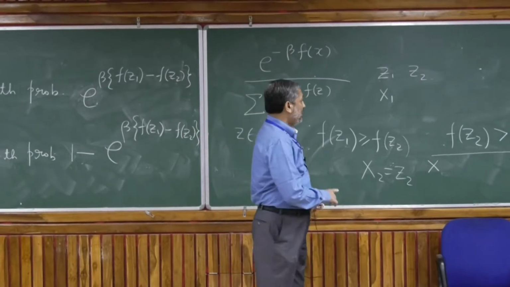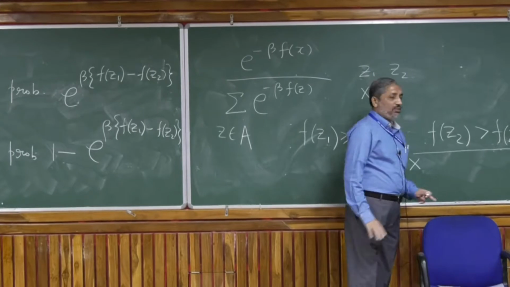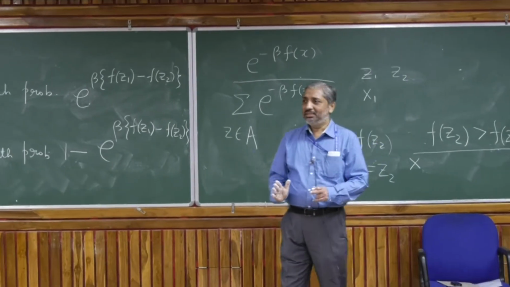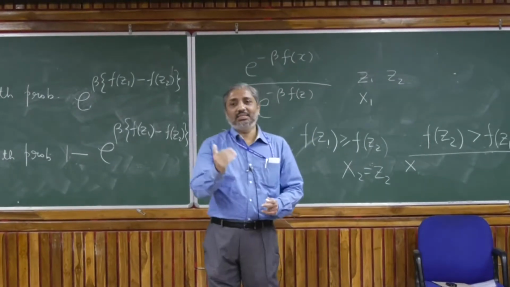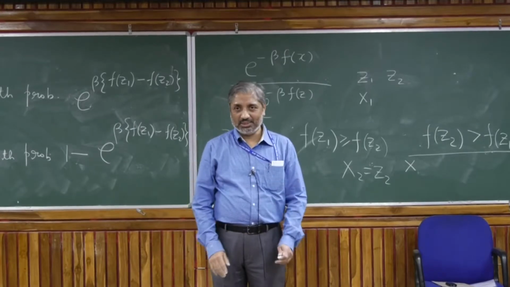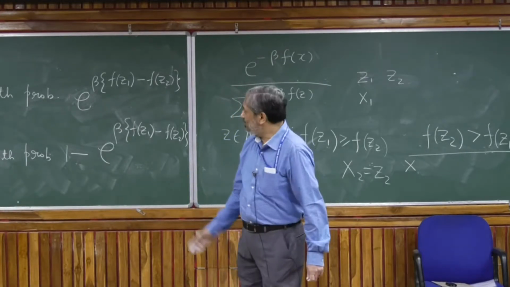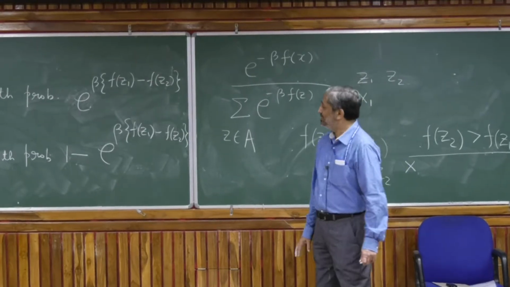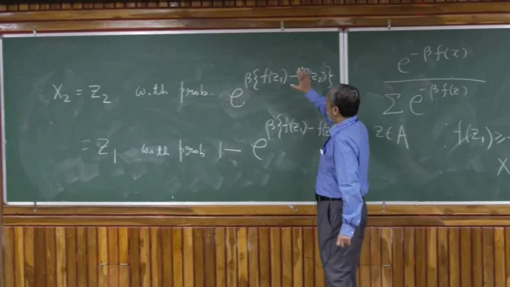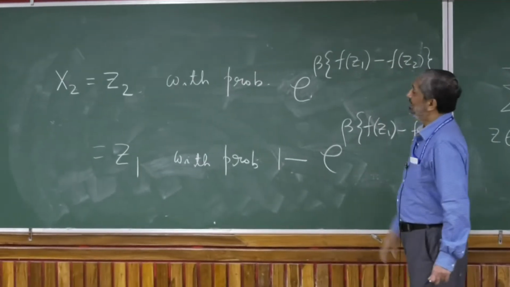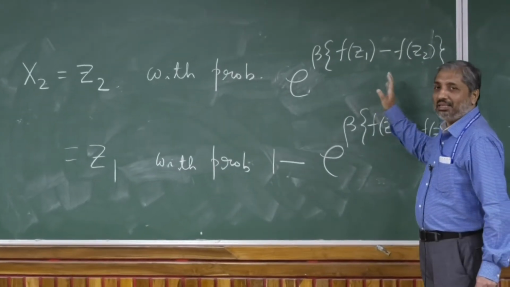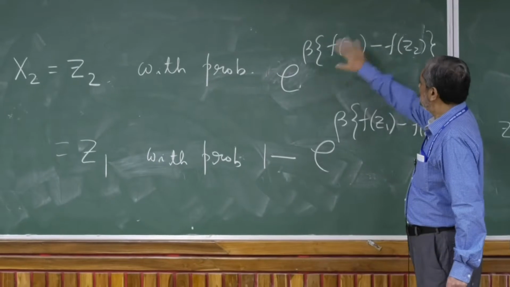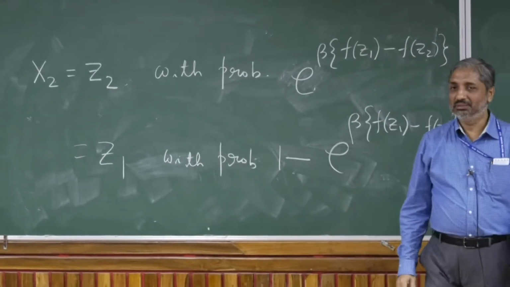On the other hand, if f(z2) is larger but not by much, then they will be close, and then you choose them with a higher probability. Now this is something I can do very easily, right? All I need is to ensure that I can generate an outcome with this probability.